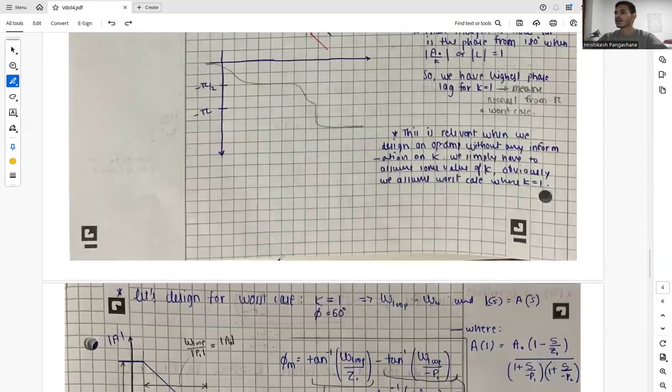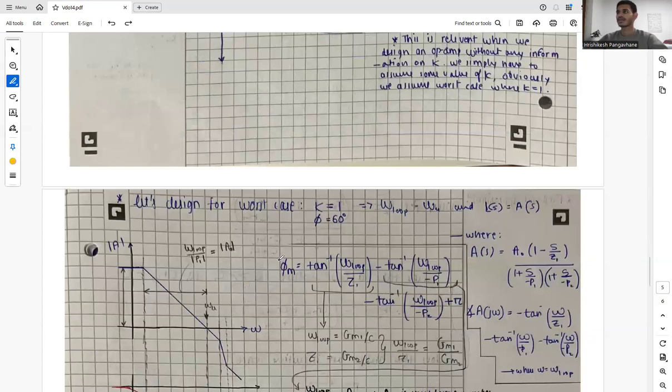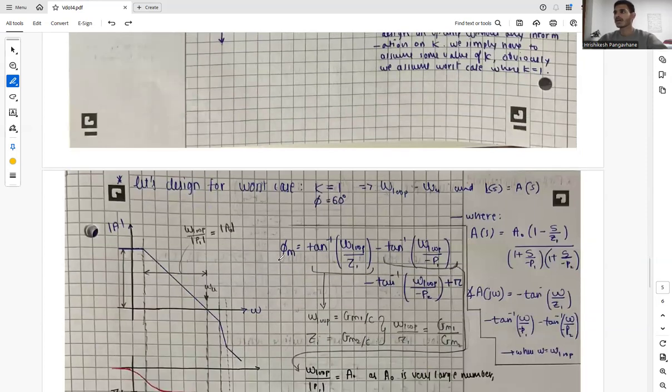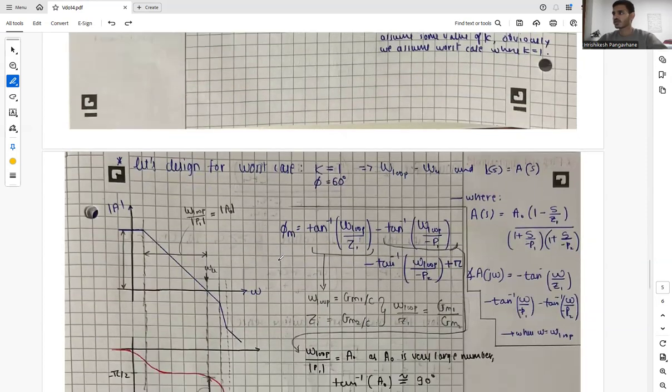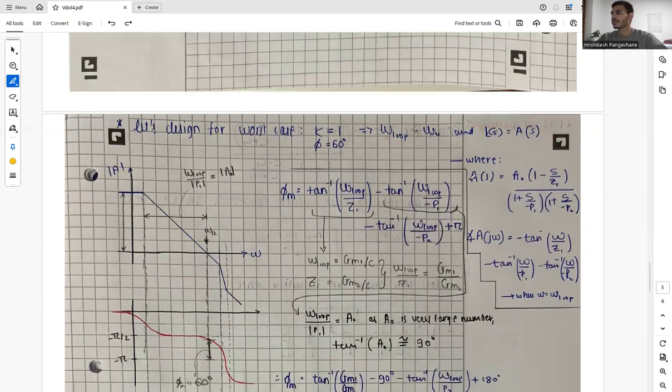So now let's say we have to design an op-amp for the worst case, which is k equals 1, and our phase margin should be 60 degrees. When k equals 1, our omega loop is nothing but omega u, and our loop gain is A of s.